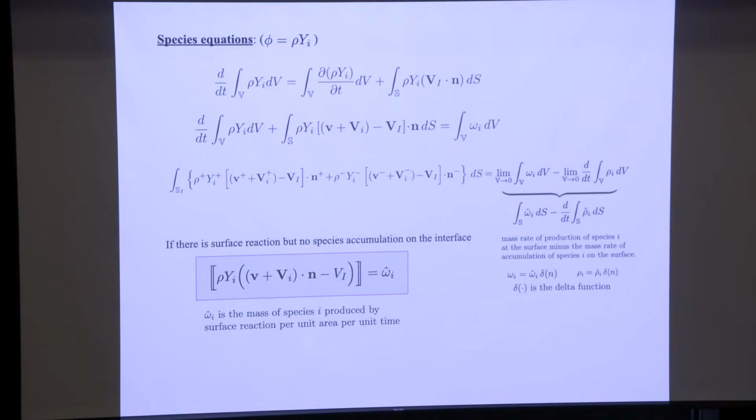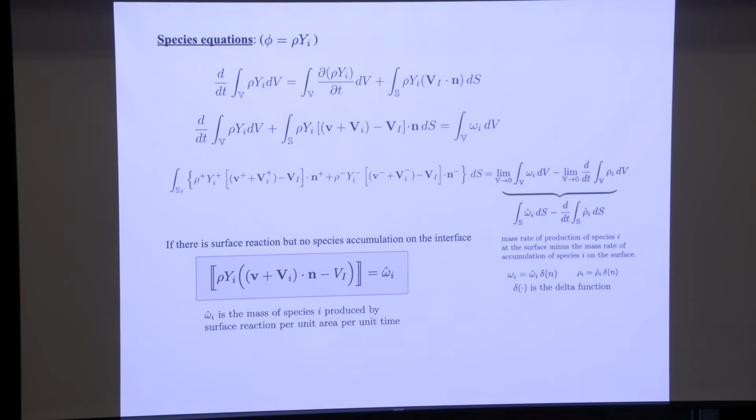We can do the same thing for the different species, but here we have to assume that there is also no chemical reaction created at the surface. If there is, then what you do, you express the chemical reaction rate as a surface rate multiplied by a delta function, and when you take the limit, it's the surface rate that enters into play, okay?